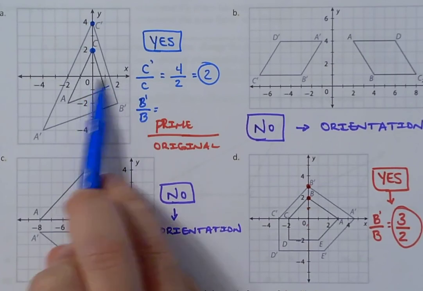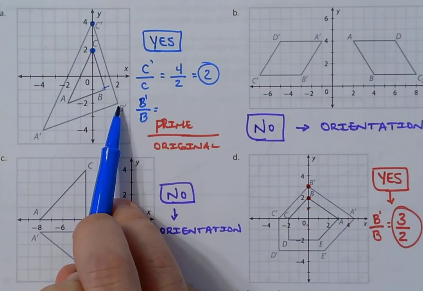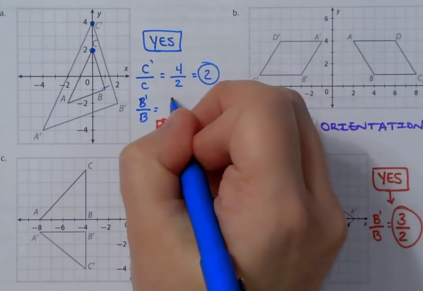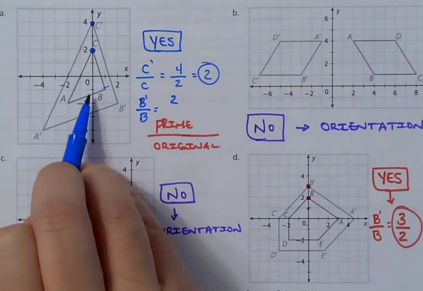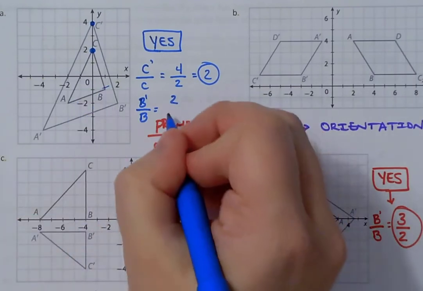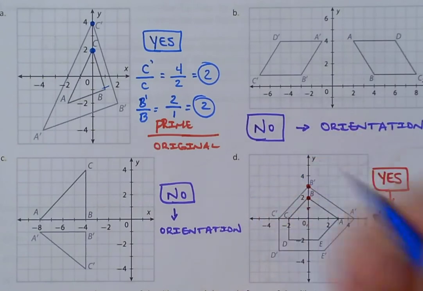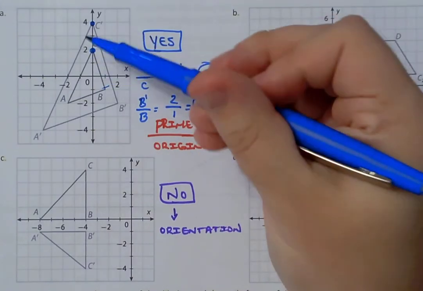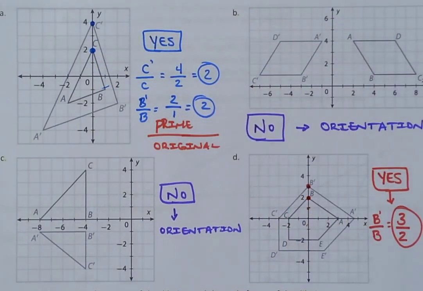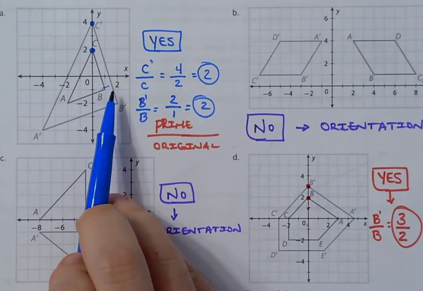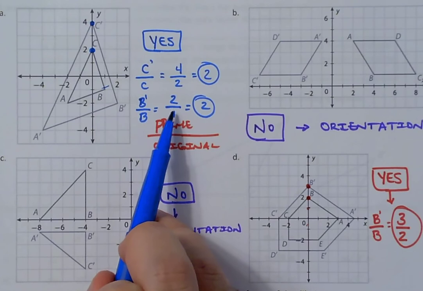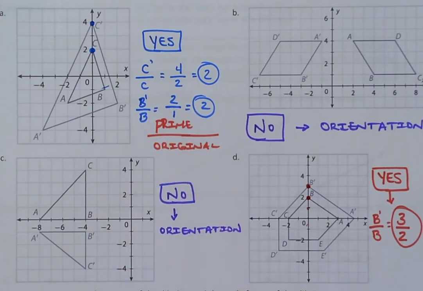So B prime is over 2, and then B is over 1, so we'd have 2 over 1 or just 2. So it doesn't have to just reside on the x or y axis. To use a point, just choose a point, use either the x or the y value, set up your fraction, and then simplify.